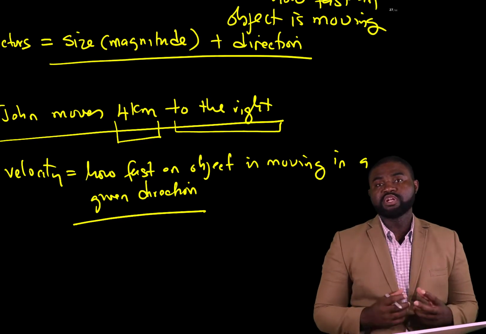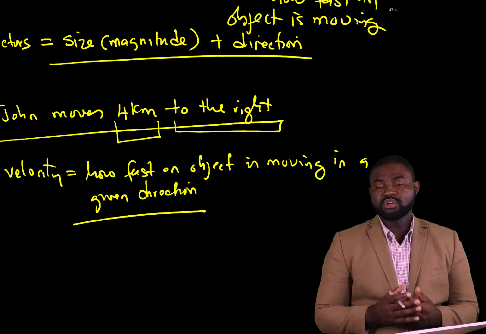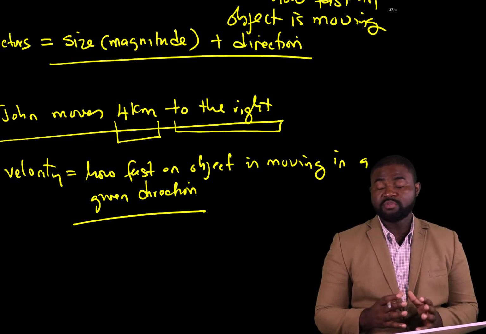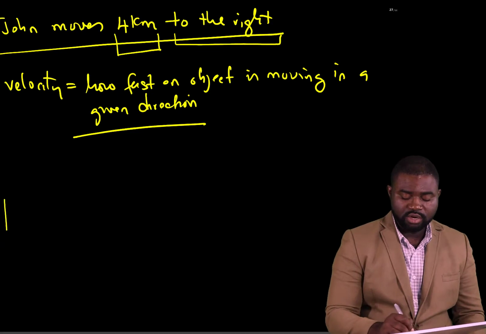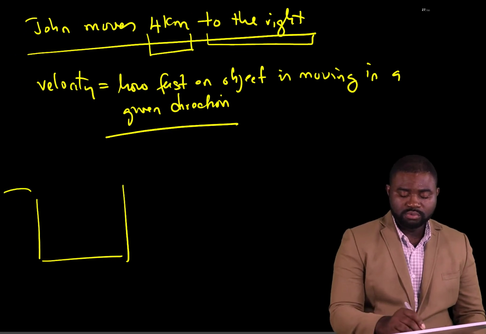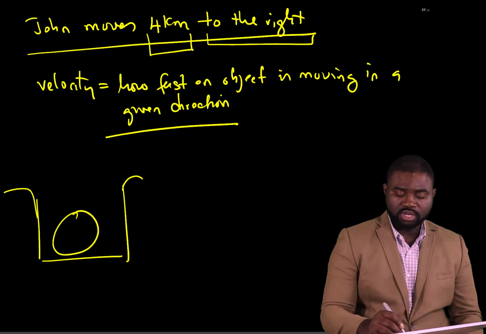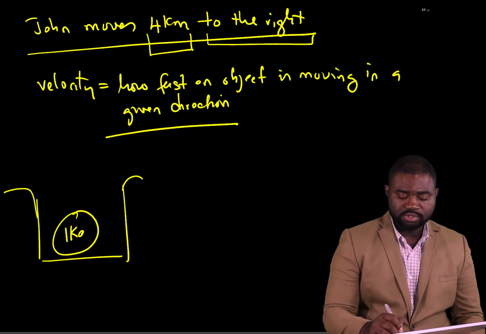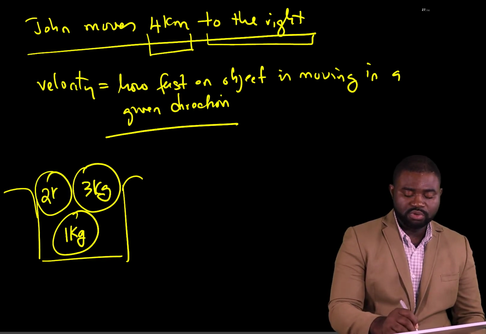Now, there is a fundamental difference between vectors and scalars. Scalar quantities behave just like numbers. You can add them, they can never be negative. As a matter of fact, let's say you have a bowl, and you place an object on that bowl which is 1 kilogram, and then you add another object which is 3 kilograms, then you add another object which is 2 kilograms.